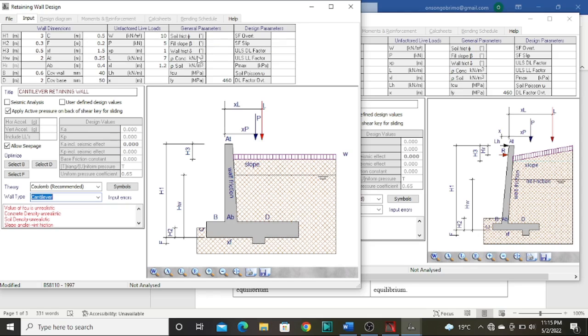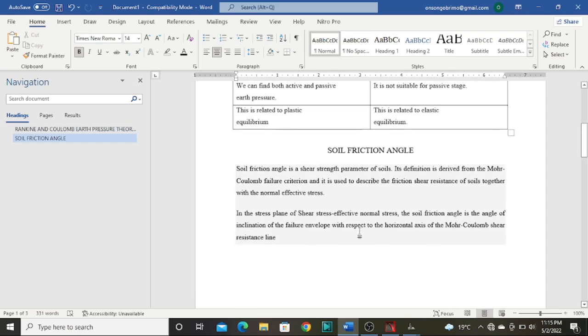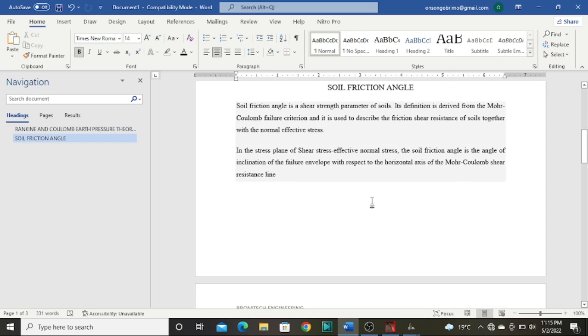And the first one is the soil friction. We have different angles of friction for different soils, and that one I would like to take us to this. And soil friction angle actually is normally a shear strength parameter of soils, whose definition is derived from the Mohr-Coulomb failure criterion, and it is normally used to describe the friction shear resistance of soils together with their normal effective stress.